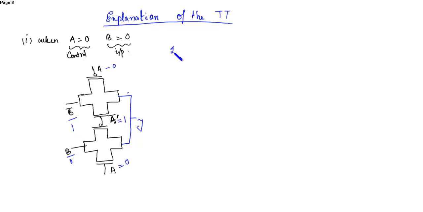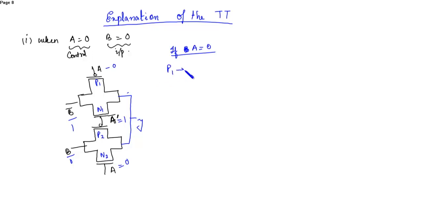So if you see this condition, here the control signal is A. So if A is 0, then suppose this is P1, N1, this is P2 and this is N2.